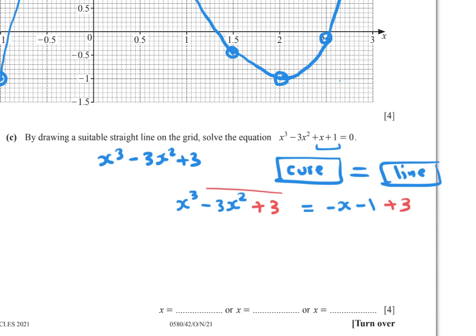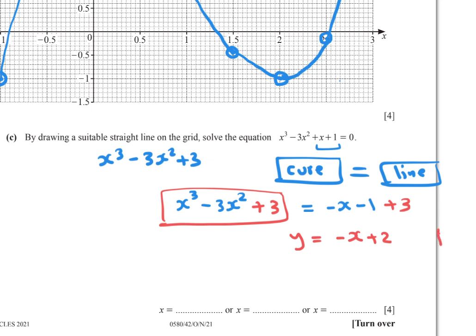Now this is the curve, and this is the line. Combine the like terms: negative x, negative 1 plus 3, so plus 2. So we need to draw the line y equals negative x plus 2, because this is the curve, so this is y. This is a suitable line.